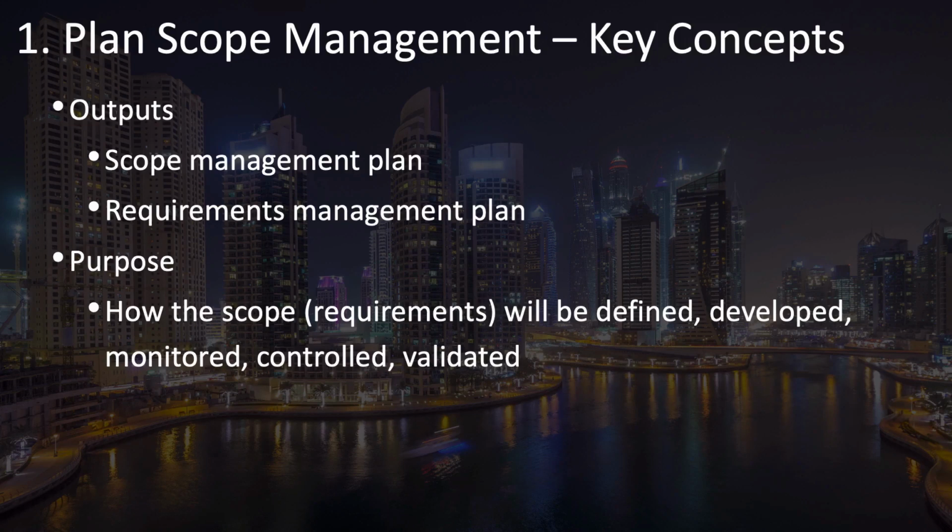Focusing first on the outputs helps you to better figure out what the inputs are, what tools and techniques you can use to create those outputs. It also helps you to remember the order in which the different processes should be done.